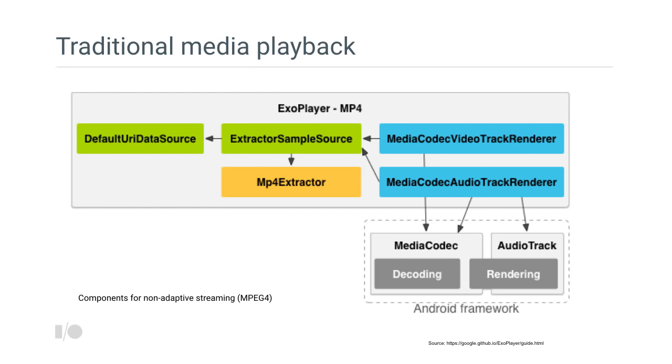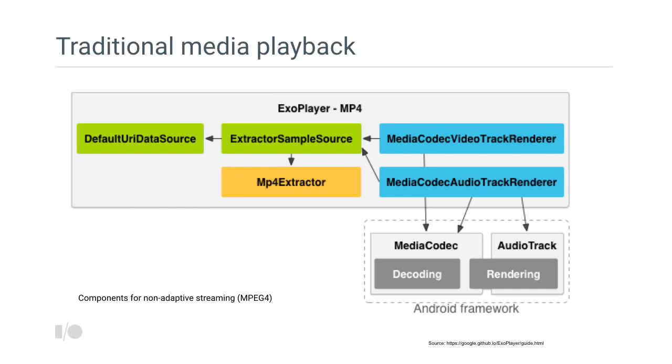That's exactly what we need for such traditional media playback. Again, we need track renderers. We have these blue boxes on the right. This is a media codec video track renderer and a media codec audio track renderer. Those two are responsible to render audio and video data by using the public media APIs.